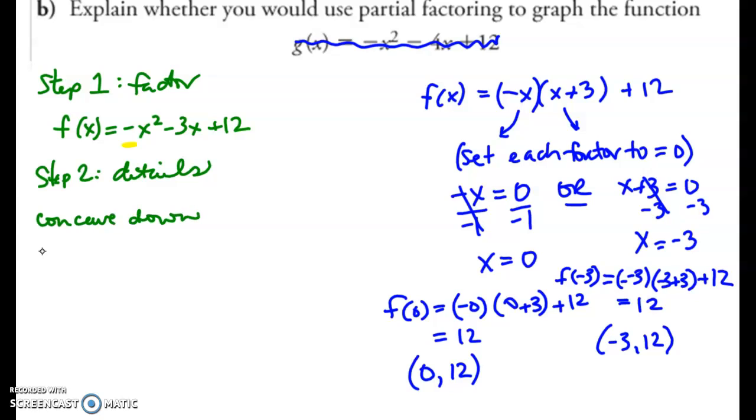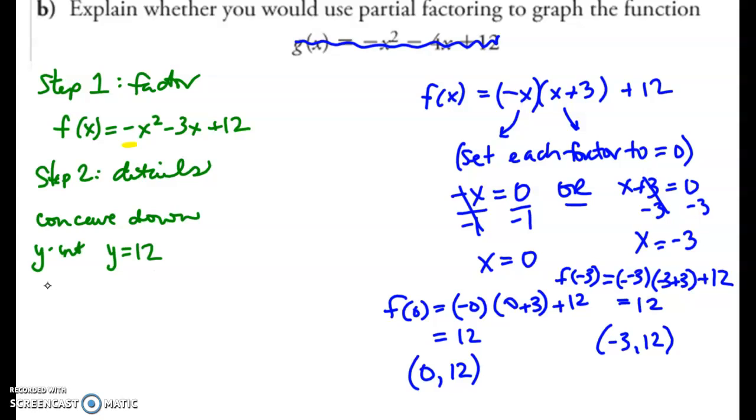Okay, the y-intercept happens at the c. So we see that the y-intercept is going to happen at y equals positive 12.